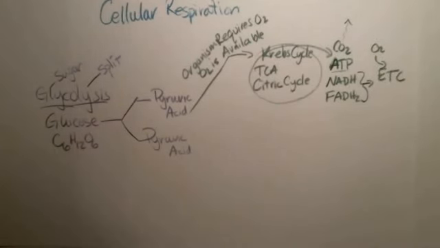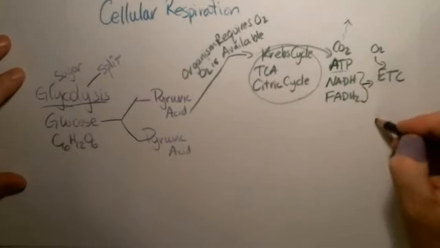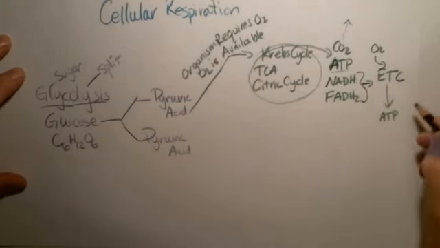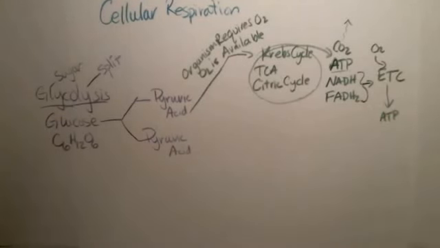Here's why you need to breathe in oxygen. It converts this NADH to NAD, and in the process, at the end of this, will make ATP. FADH2 also goes through the ETC, and this big process here will end up making more ATP.